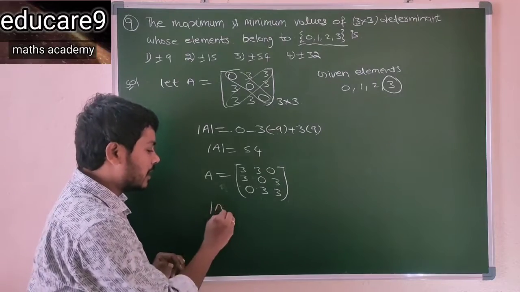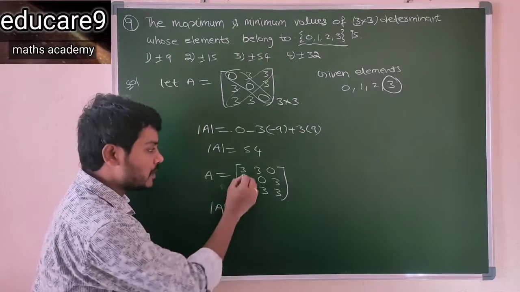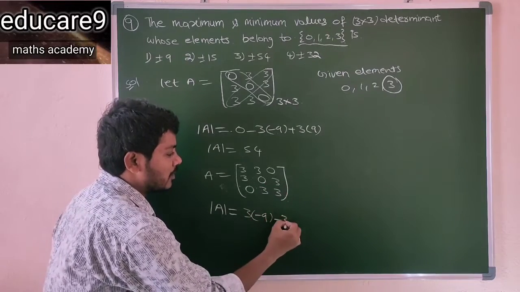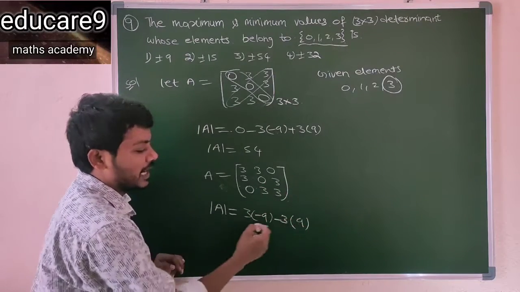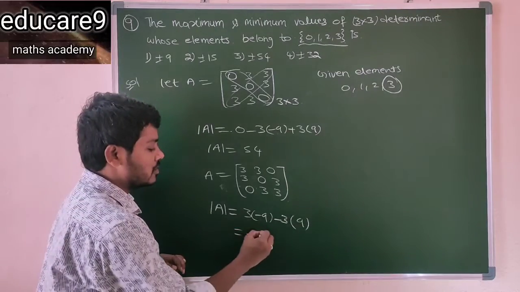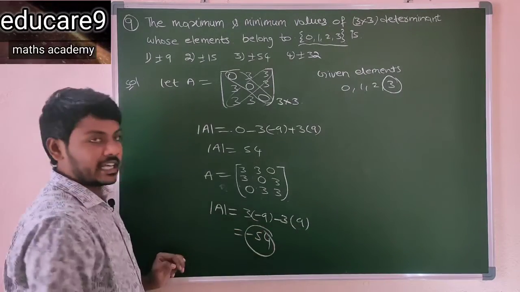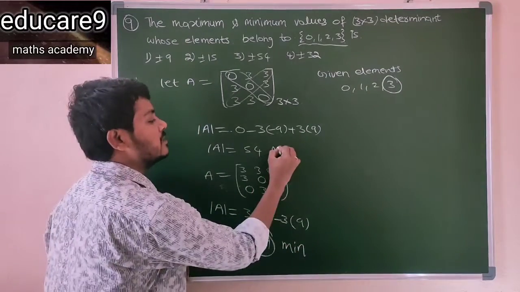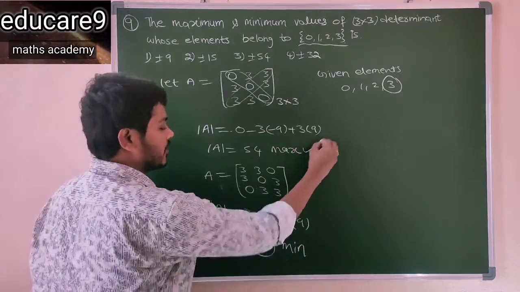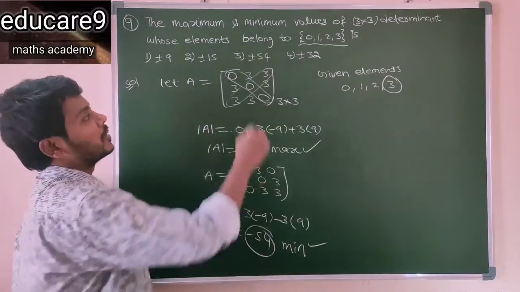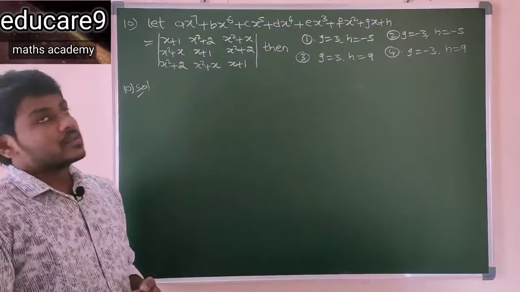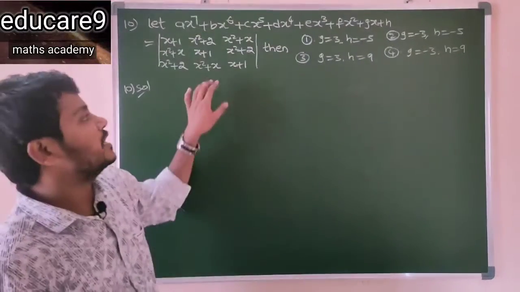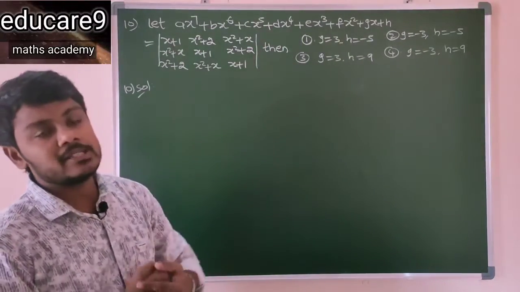So determinant of A is equal to 3 into minus 9, so minus 3 into 9, minus 27 minus 27, minus 54. So clearly this is the maximum value and this is the minimum value. So option 3.